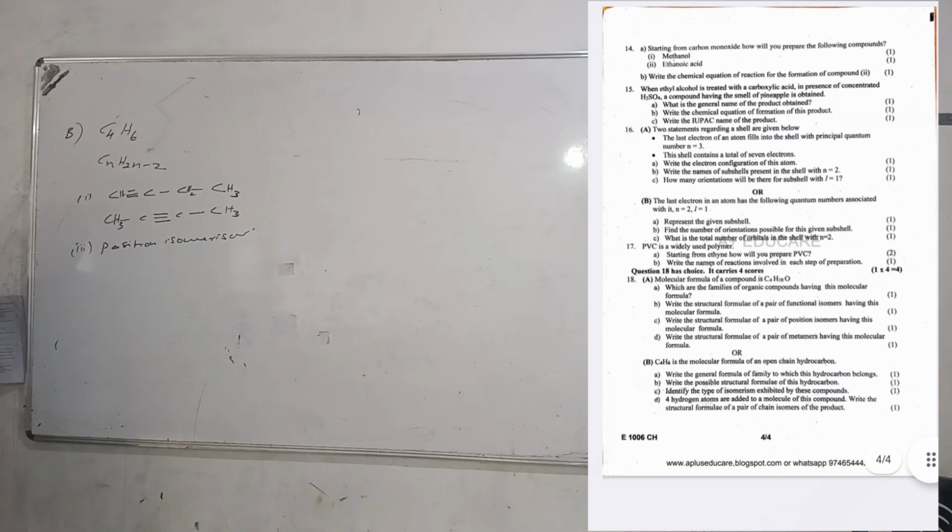Position isomerism. Question D. Four hydrogen atoms are added to the molecular formula of this compound. Write the structural formula of a pair of chain isomers of this product.